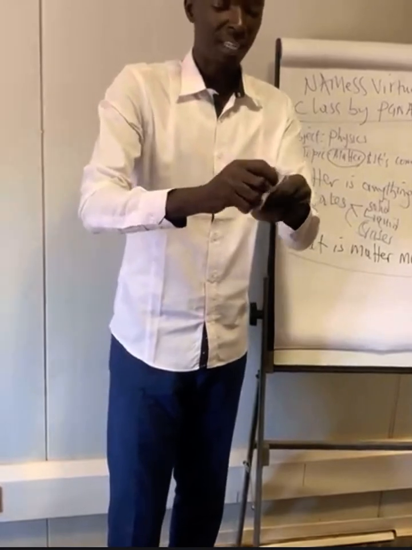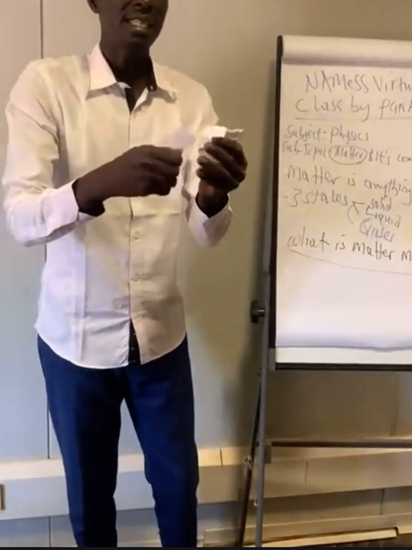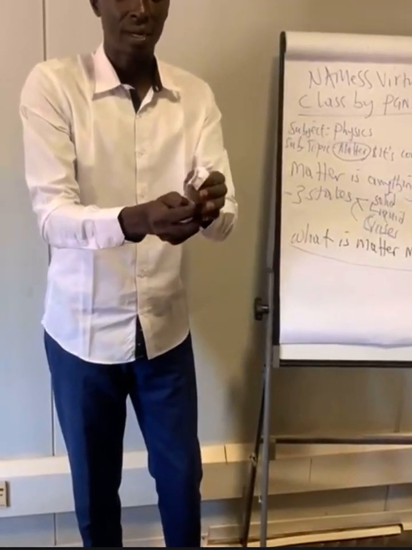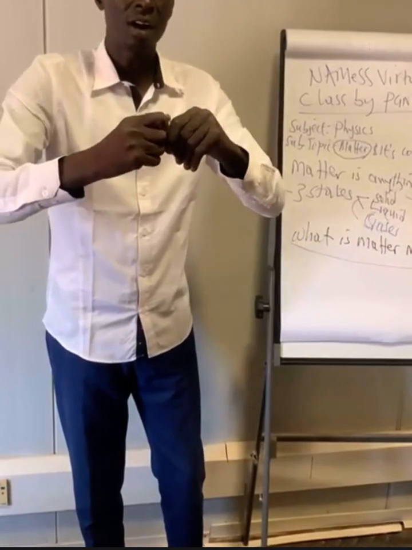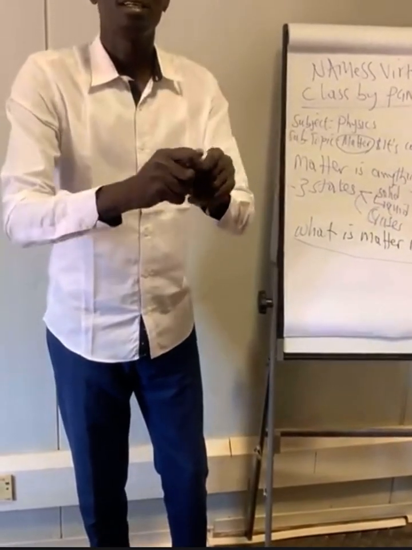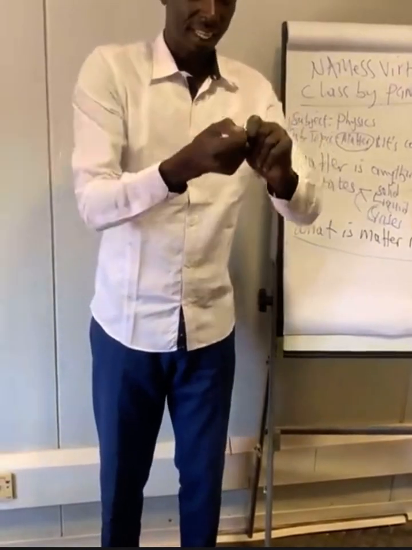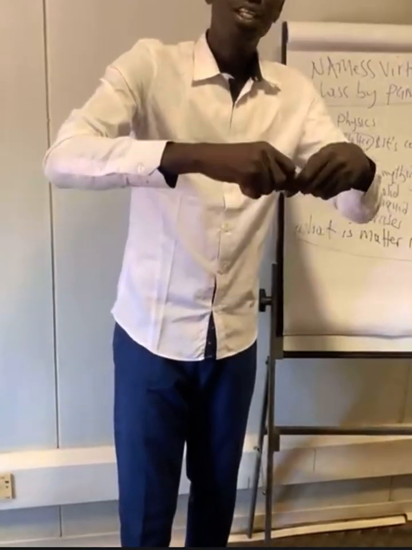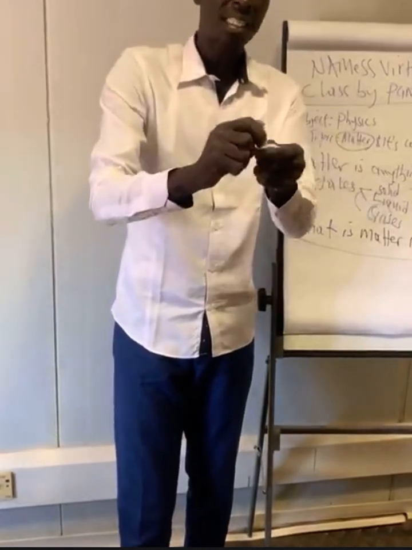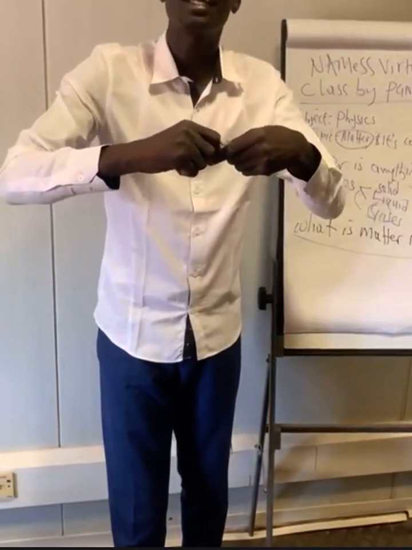You just keep breaking at home as you sit. This exercise will help us understand what a matter is really made up of. You keep breaking. So as you keep breaking, you will reach the smallest particle that you cannot break any further.